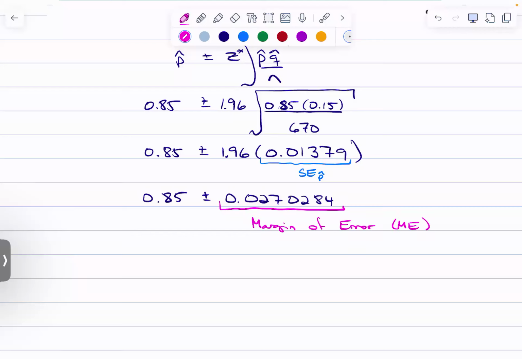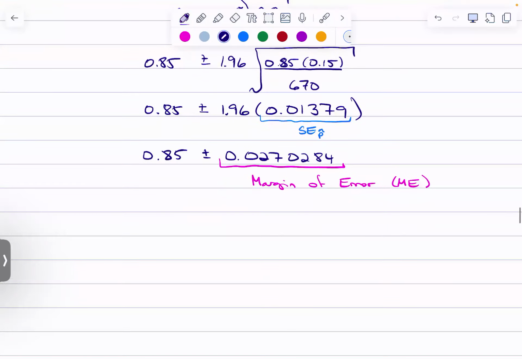Many research articles will report just the margin of error, your point estimate, of course, and the margin of error. That's going to be your buffer. That's how I think of it.